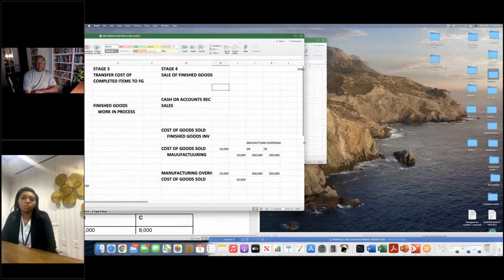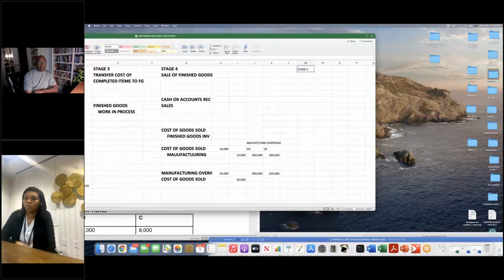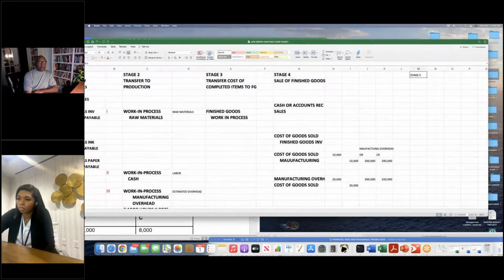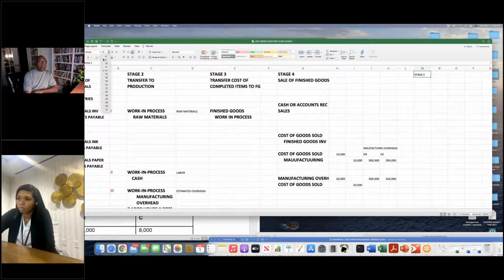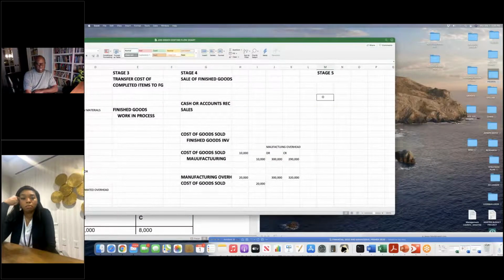Moving right along, stage 5. Stage 5 is where we do all of those journal entries from financial accounting, from Accounting 1.